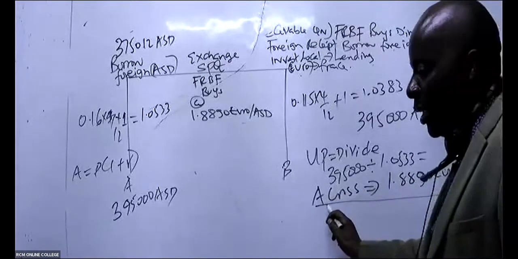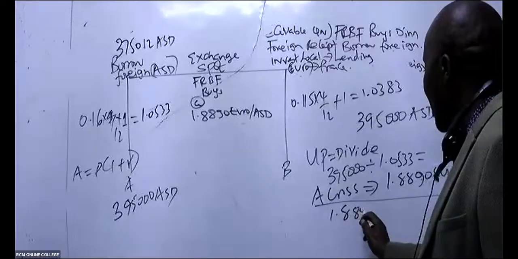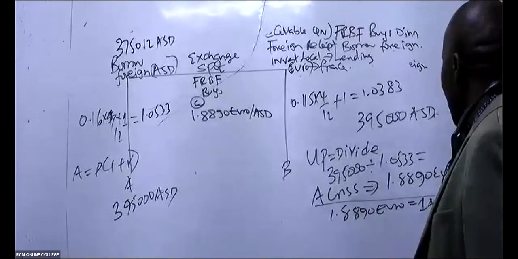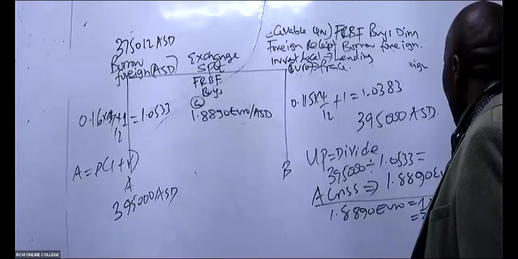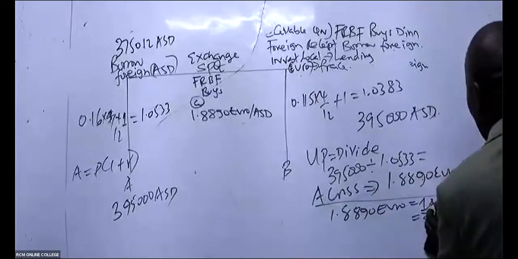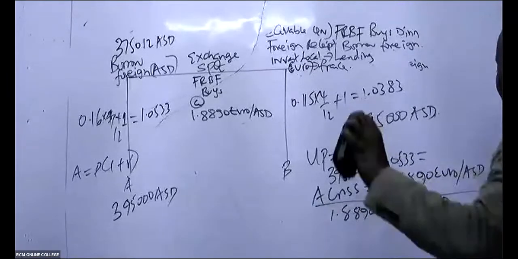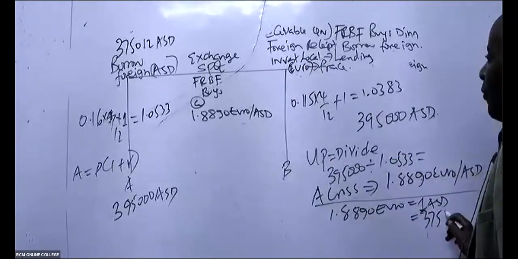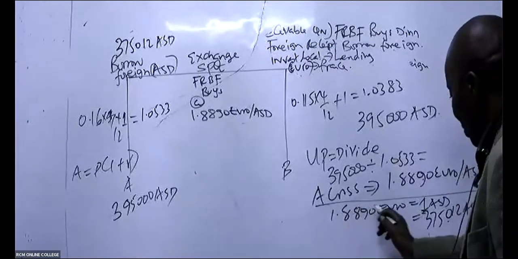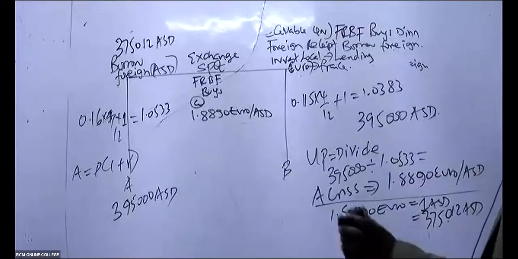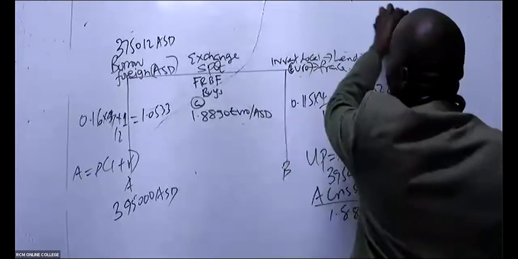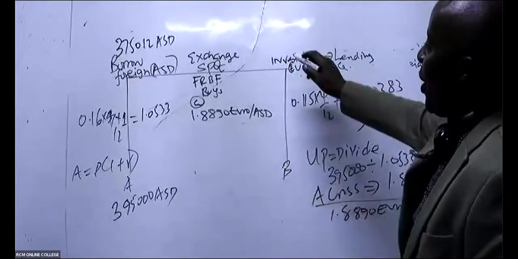You're saying 1.8890 euro equals 1 ASD. How about 375,012 ASDs? So go ahead and cross multiply. So this times this. In terms of euros, what figure do I write here now?